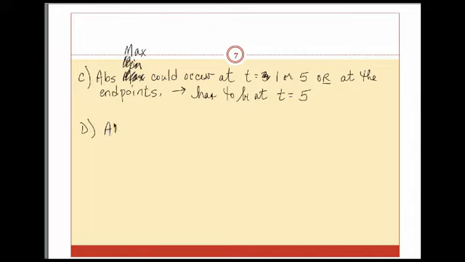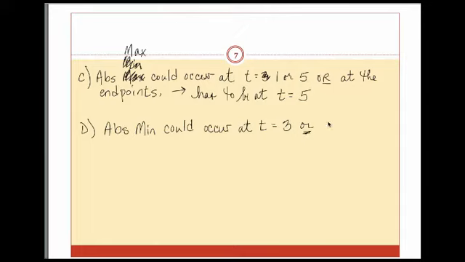Now we're going to do absolute minimum. Let's talk about where absolute minimum could occur. We only had one relative minimum, and that was at t equals 3. We know the other x-intercepts produced maximums, so it can't be those.